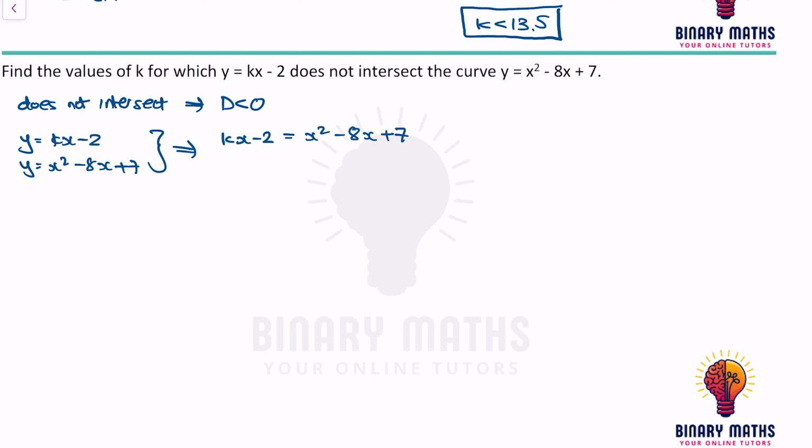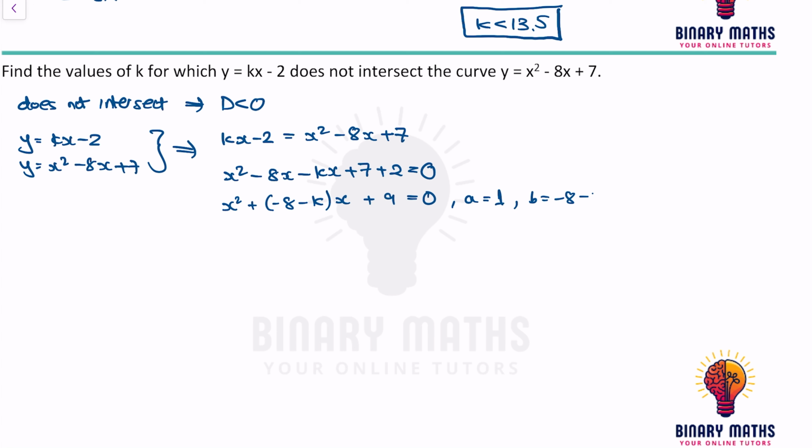If I take everything to the right hand side, I end up getting x squared take away 8x take away kx plus 7 plus 2 is equal to 0, which means x squared plus negative 8 take away k lots of x plus 9 must be equal to 0. In this case I have a is equal to 1, b is equal to negative 8 take away k, and c is equal to 9.